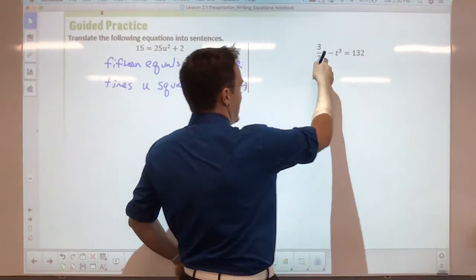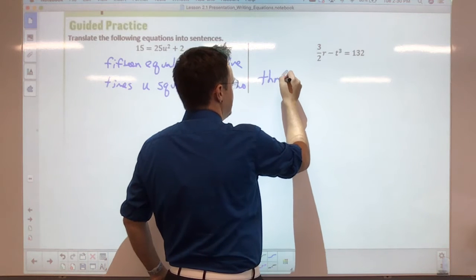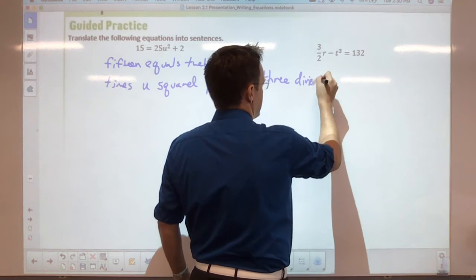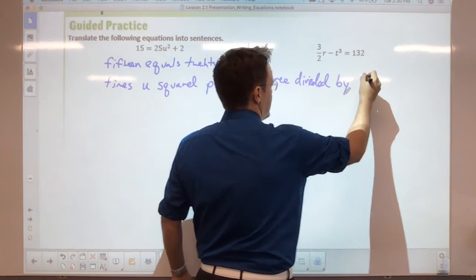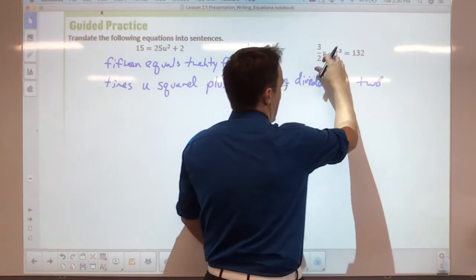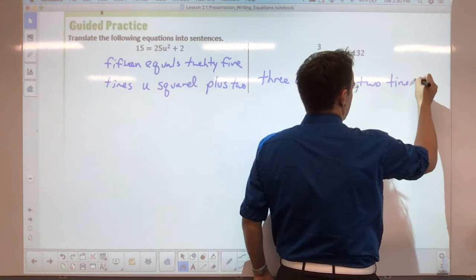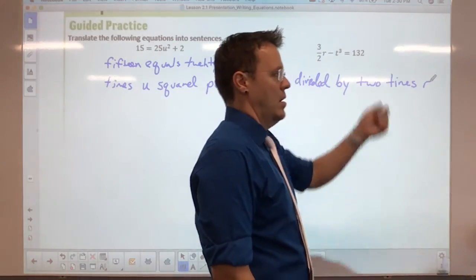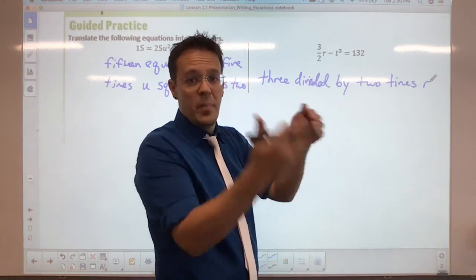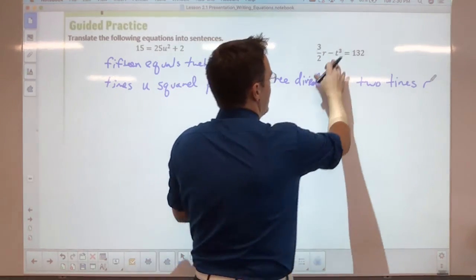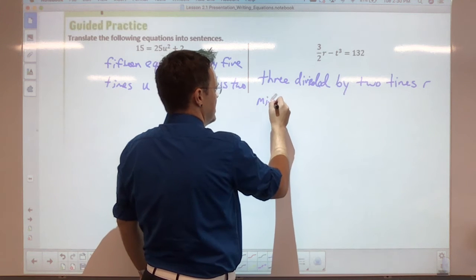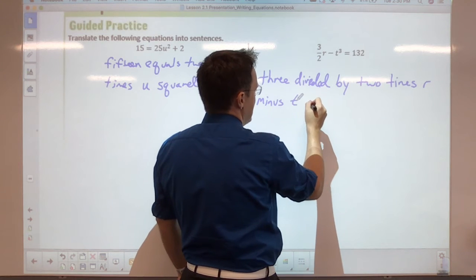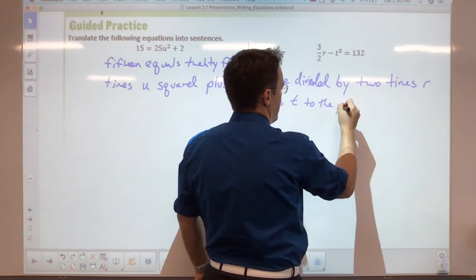All right, but just please make sure you guys understand what your setups are going to be and how you would write it. So the last one here would be, I would put 3 divided, oh, I did not spell that right, sorry, by 2. And then what happens next? It would be times r. So if you saw this, 3 divided by 2 times r, you'd be like, oh, okay, that's 3 divided by 2 times r. Back up and see if you can do that, okay? Just make sure you are on the same page. And then it's minus t, and that's to the power of 3.